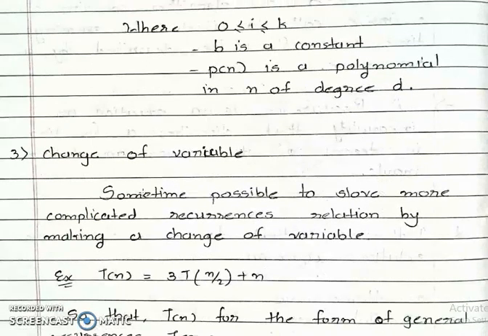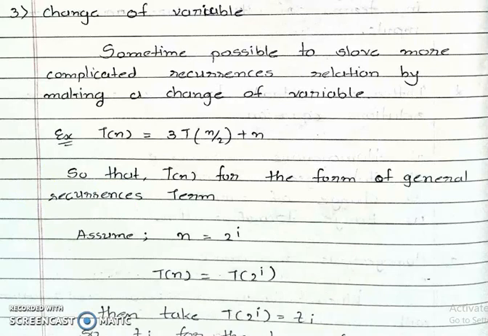Third one is the change of variable. Sometimes it is possible to solve a more complicated recurrence relation by making a change of variable. Let's take one example: T of n equal to 3 times T of n by 2 plus n. Here T of n is the general recurrence term.